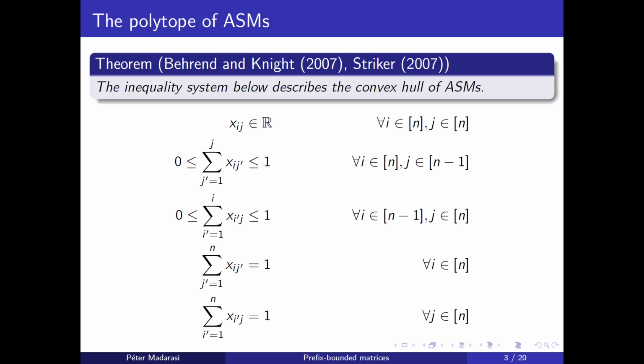But for the suffixes, you can simply convert those lower bounds to upper bound on the prefixes. And if you do this conversion, then you get the upper bound 1. So this is essentially the same system that you are all familiar with.